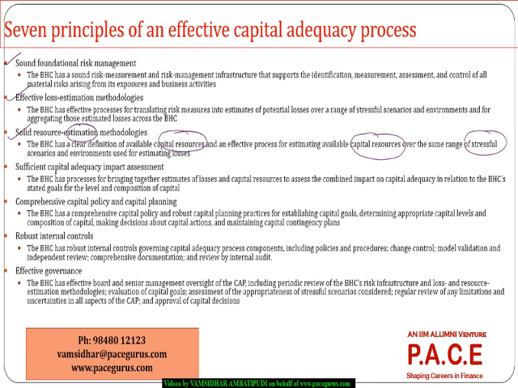Then the bank should really have an assessment of sufficient capital adequacy impact. Now that it has loss estimation methodologies and capital resources estimation methodologies, these two need to be integrated, which means point number 2 and point number 3.